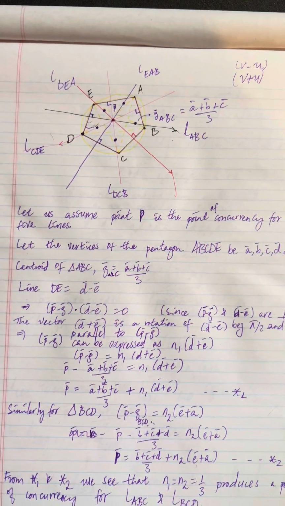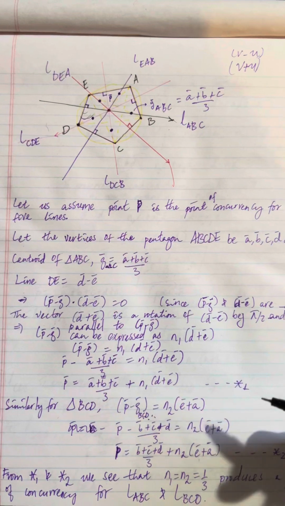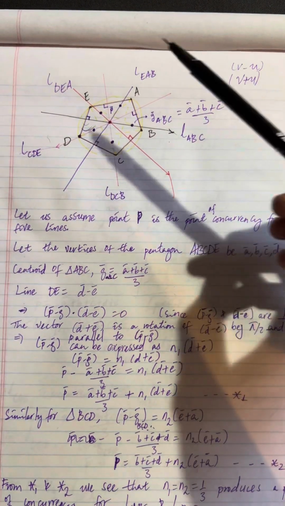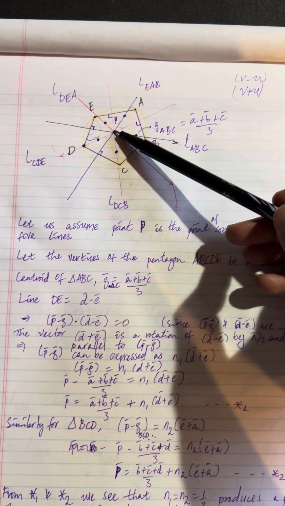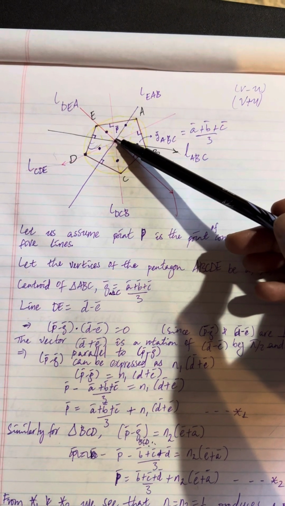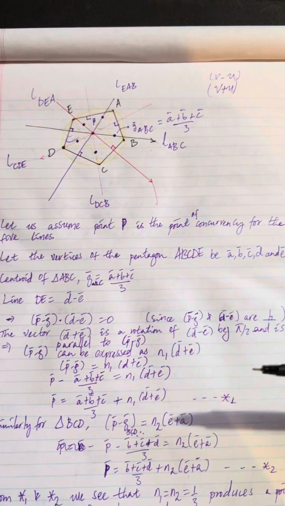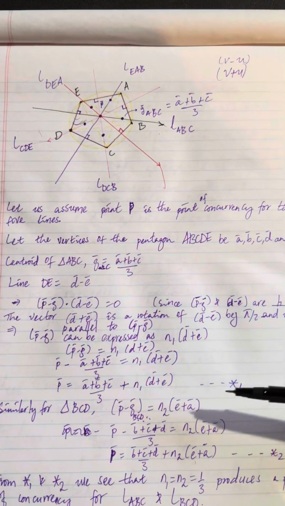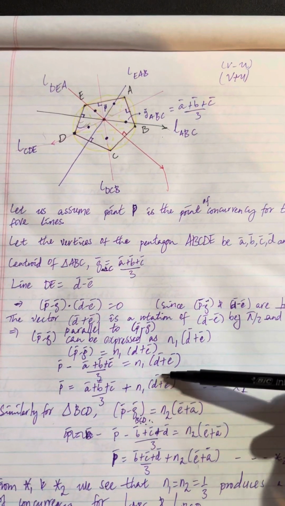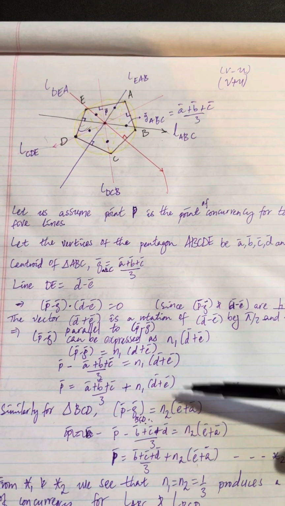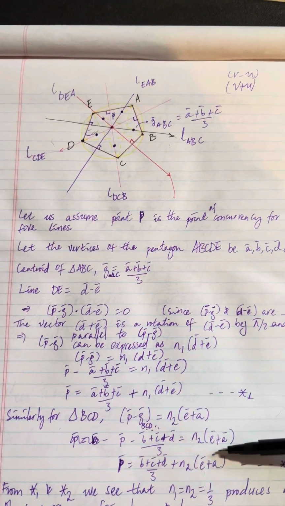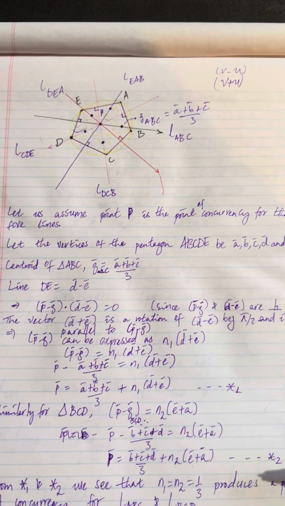Now, we were first assuming that position vector P represented a single point, meaning there is a point of concurrency for all 5 lines. But now we're actually showing it. So the first 2 points of possible concurrency are these 2 represented by asterisk 1 and 2.